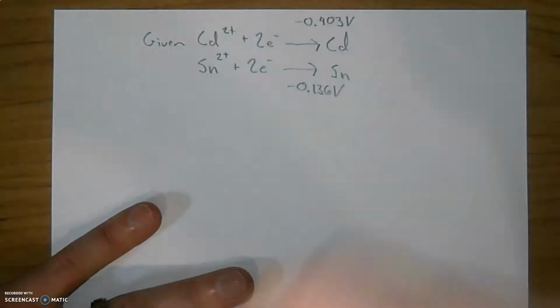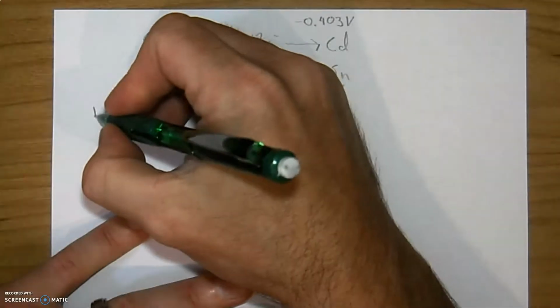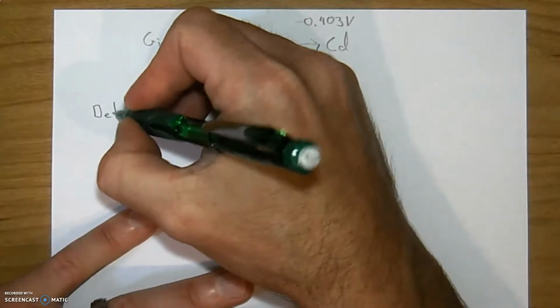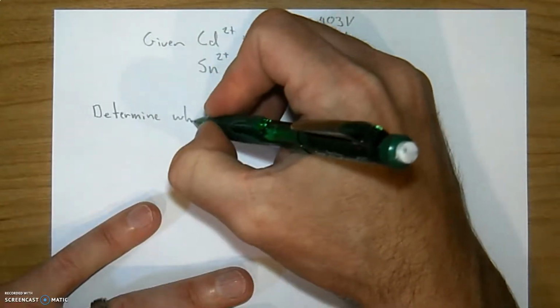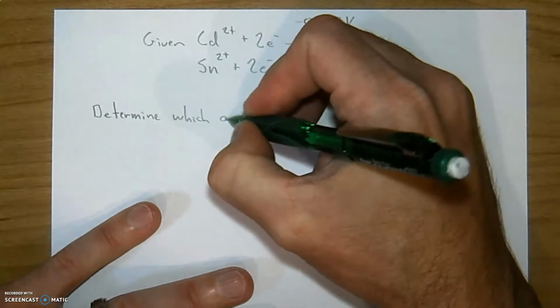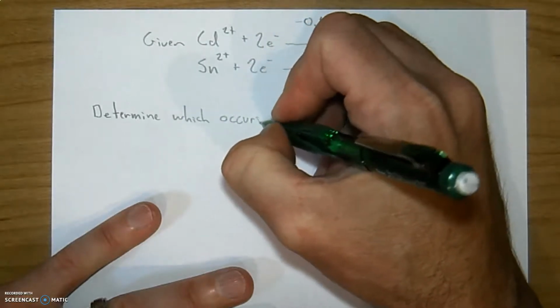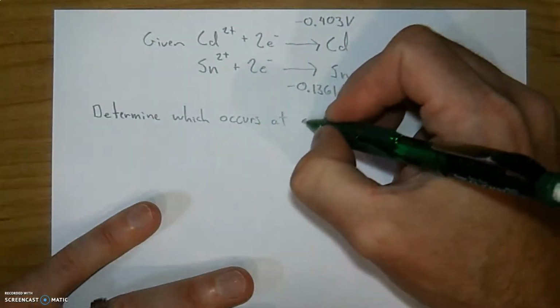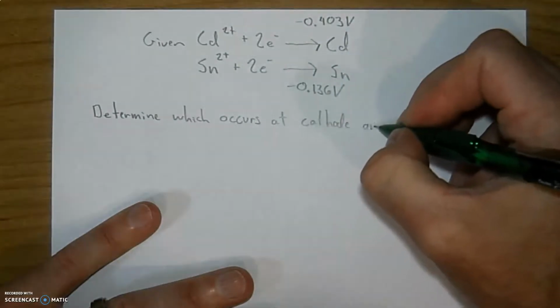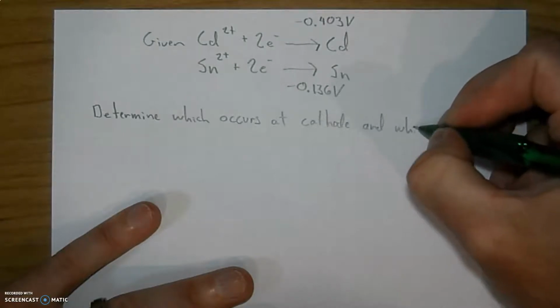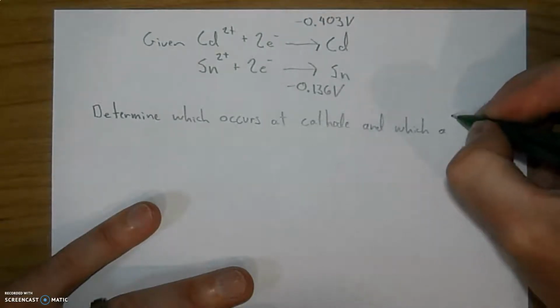Given that information, we are asked to determine which occurs at the cathode and which occurs at the anode.